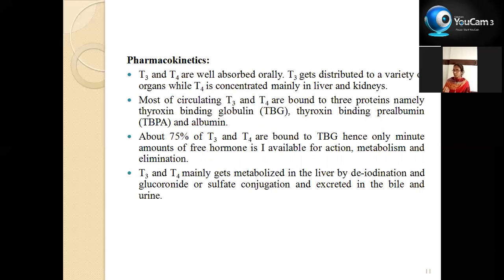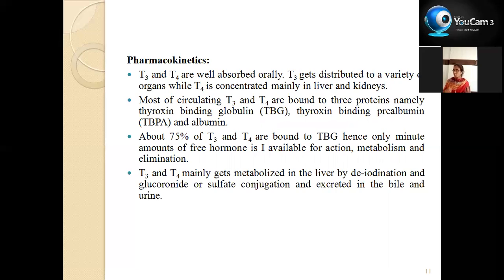The T3 gets distributed in all organs, while T4 is concentrated mainly in the liver and kidneys. Means T3 can distribute all over the body, but T4 is only in the liver and the kidneys.